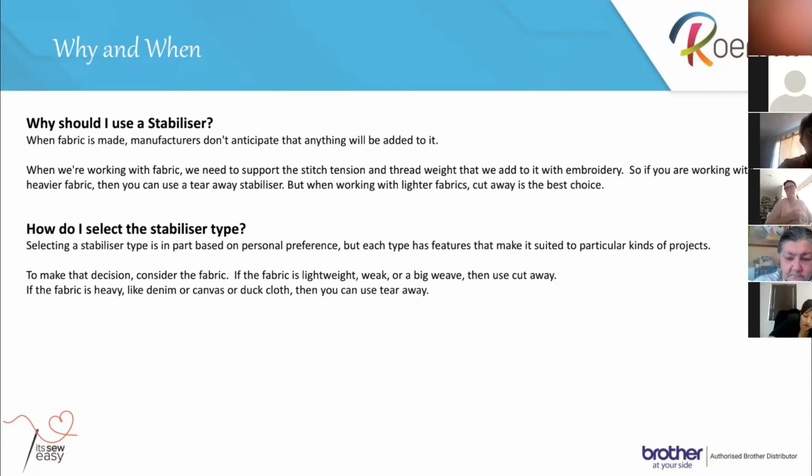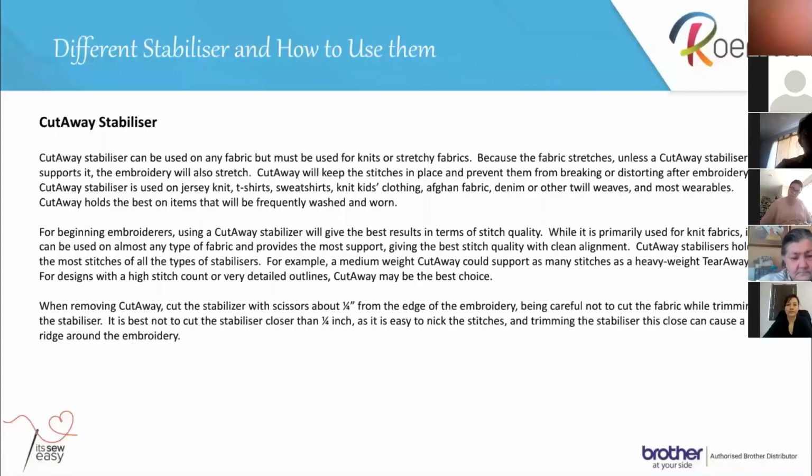Each one has its own characteristics. So to make this decision easy, you really have to consider your fabric. If the fabric is a little bit lightweight, a little bit weaker, it is best to use Cutaway. When your fabric is heavier, like denim and canvas, it's best to just use a Tearaway. And then we'll look at the weights in a minute on which weight goes for what.